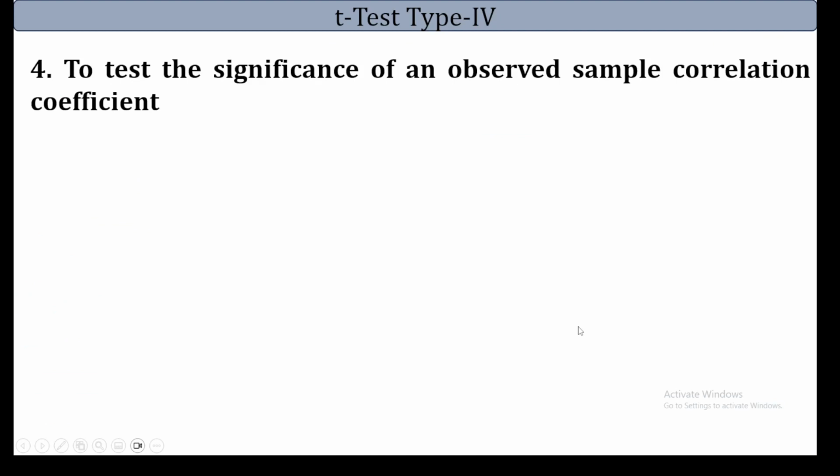What is the fourth one? The last type of t-test, that is to test the significance of an observed sample correlation coefficient.